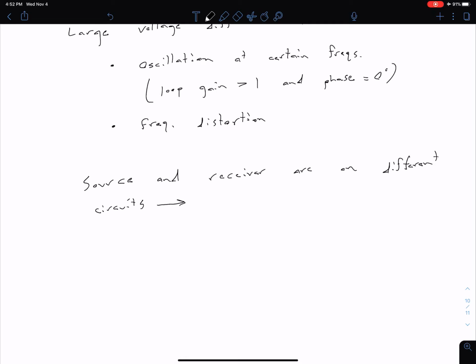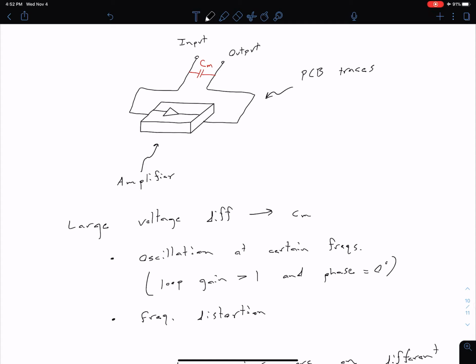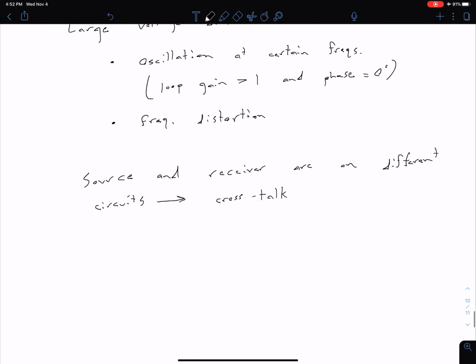The resulting interference is called crosstalk. We could think about if we had another amplifier adjacent to this one, so maybe we had output from some other amplifier coming here, and we had interference between these two, then that would be crosstalk. And this is just to get you familiar with some terminology.